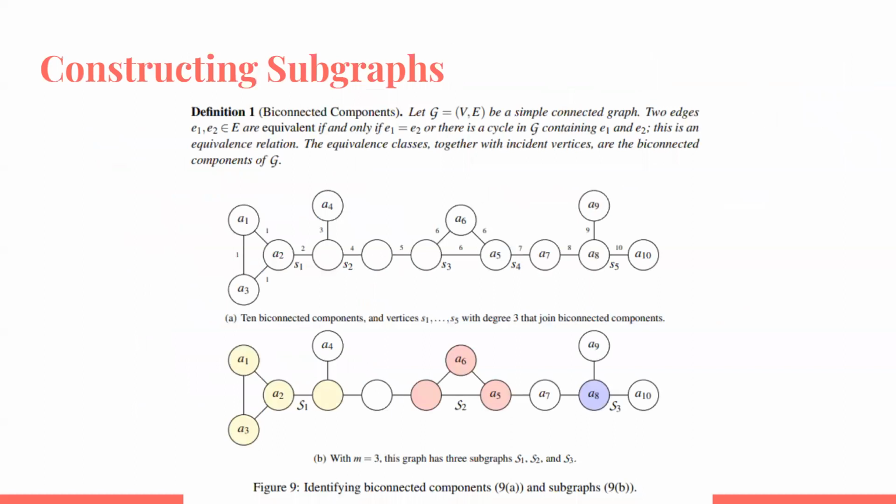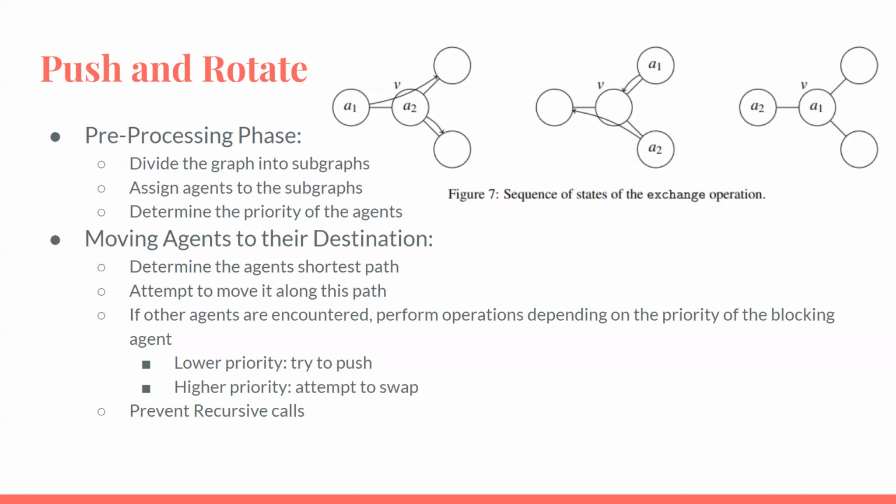So this first portion here, constructing the subgraphs. Oh, I'm sorry. I also wanted to explain the priorities a little bit. So lower priority refers to what hasn't been planned yet, and higher priority has been planned for and it already occupies its destination.